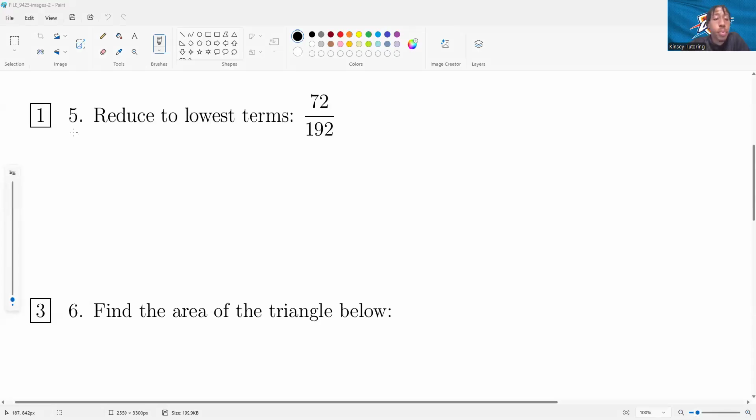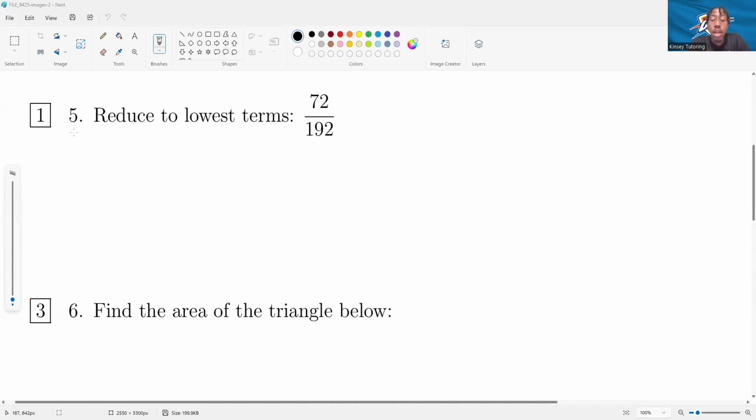So first question, reduce to lowest terms 72 over 192. There's a couple of ways you can attack this. What I would do, without having to use a calculator or anything, is just know off the top of my head that both of these numbers go into three, right?